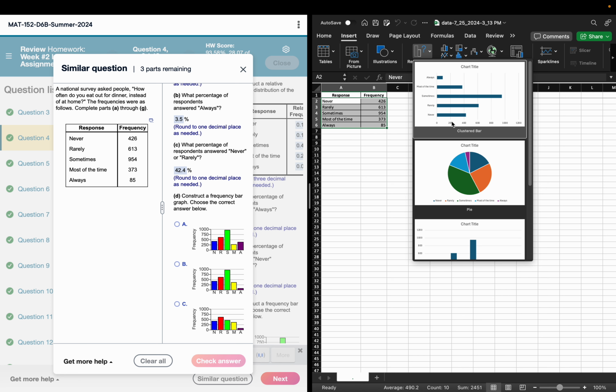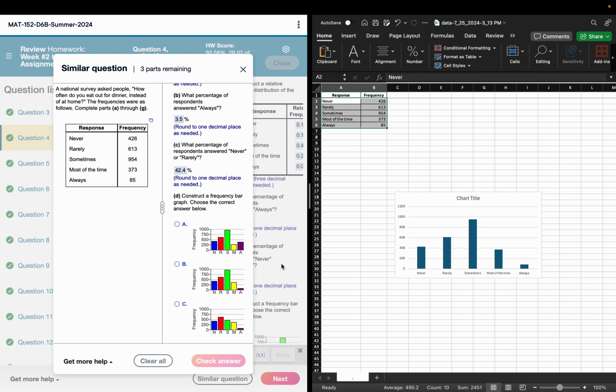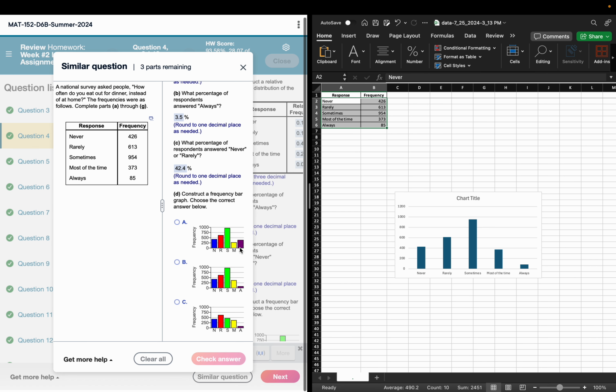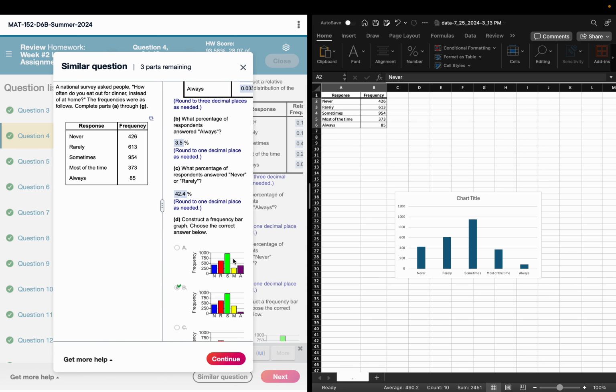Let's look at the one that seems most like our options here. That one kind of fits the bill. So this one looks most similar to this one. Those look similar, so it should be that one.